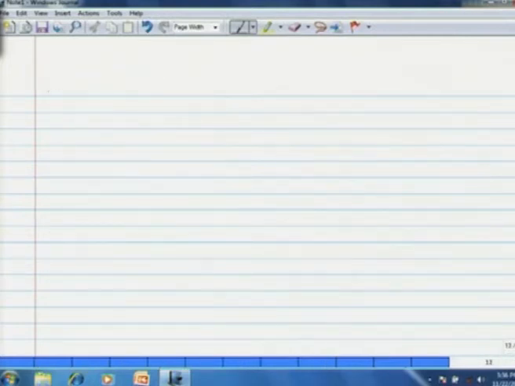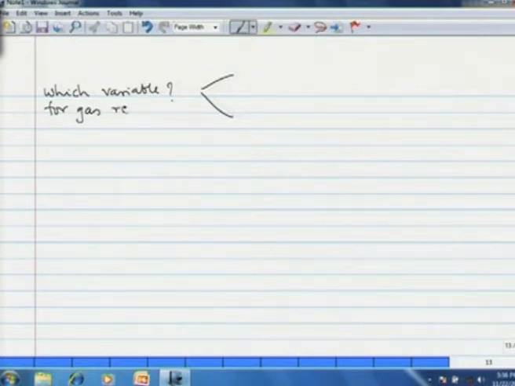Now, which variable should we use? We have two options for deciding the gas recycle flow: either the excess hydrogen that is fed to the process, or the composition of hydrogen in the purge stream that we denote as YPH.